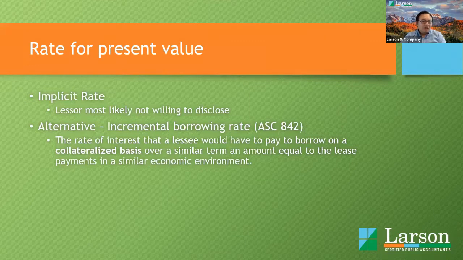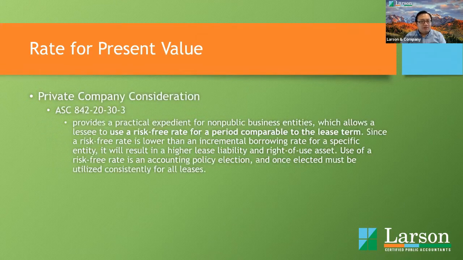But if you really don't feel comfortable with inferring what your rate would be, there is another practical expedient for private companies, meaning companies that are not traded in public markets, that allows a lessee to use a risk-free rate.